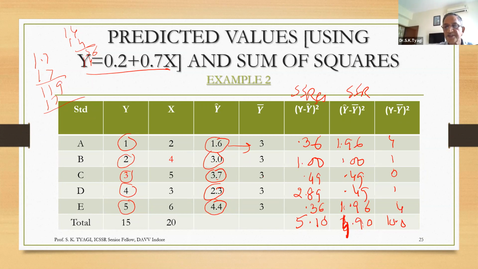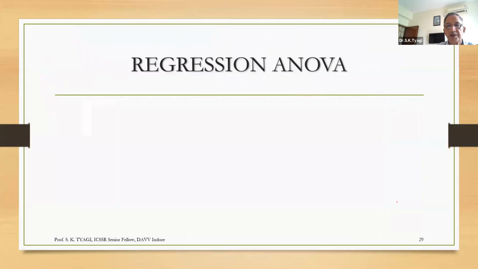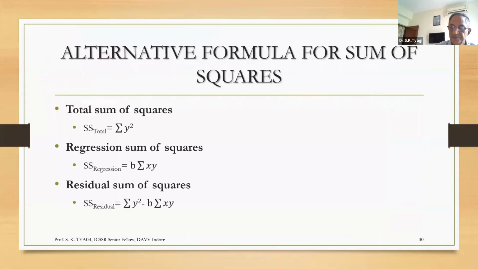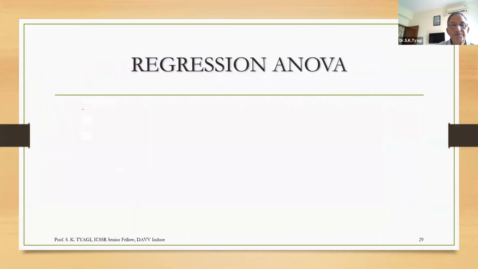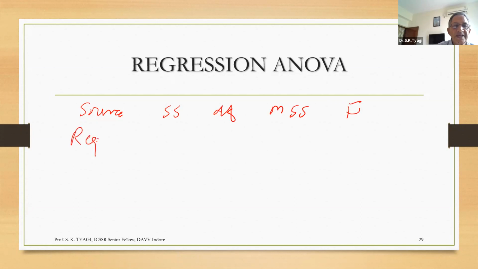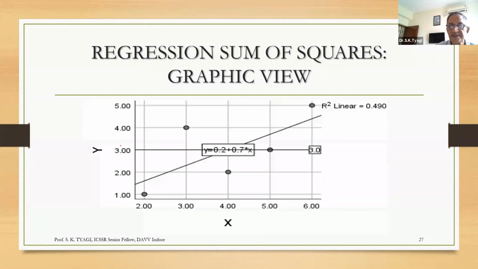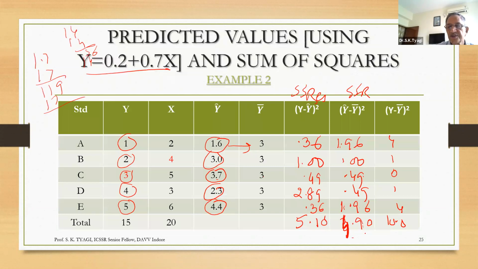So now we set up a regression ANOVA. The columns are source of variation, SS, DF, MSS, and F. The sources are regression, residual, and total. SS for regression is 4.9.